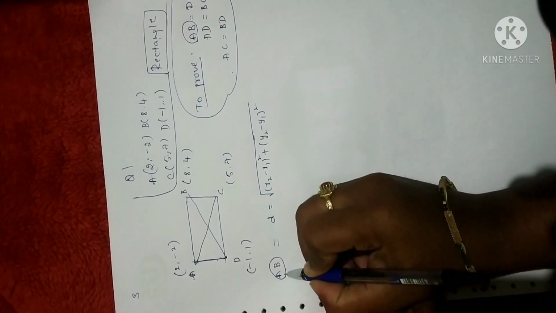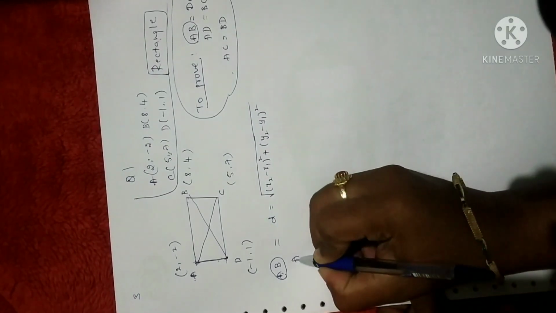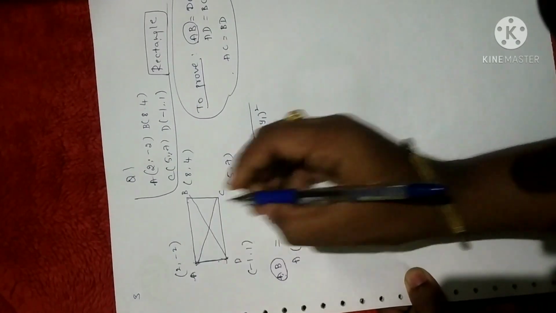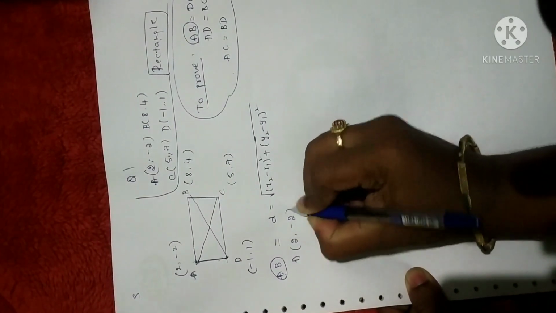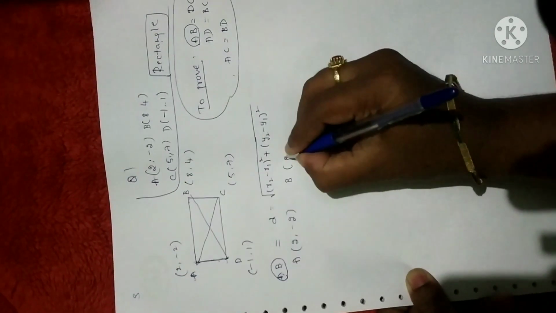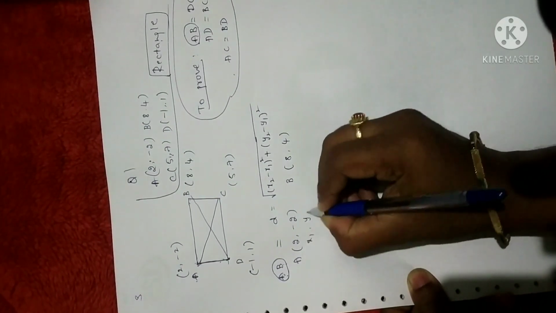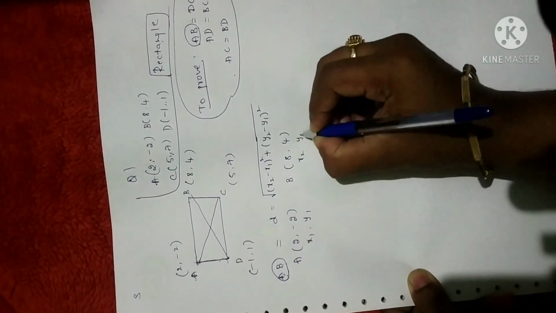Since I have taken the side AB, what coordinate points do I require? First point is A, whose coordinates are 2, -2. Next point is B, whose coordinates are 8, 4. Now let me take this point as x1, y1, and this point as x2, y2.